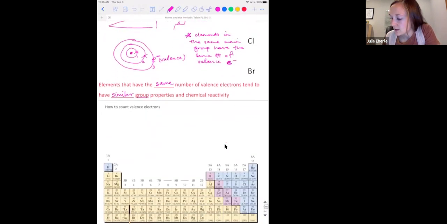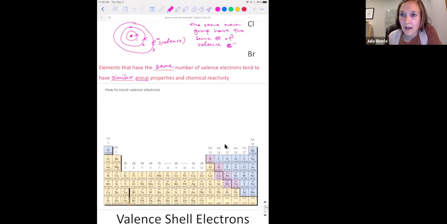Okay, so I want you to know how to count valence electrons as you go across a periodic table, and it's real simple. If you know how to count main groups, then you know how to count valence electrons. So this is main group number 1, and main group number 1 has 1 valence electron.